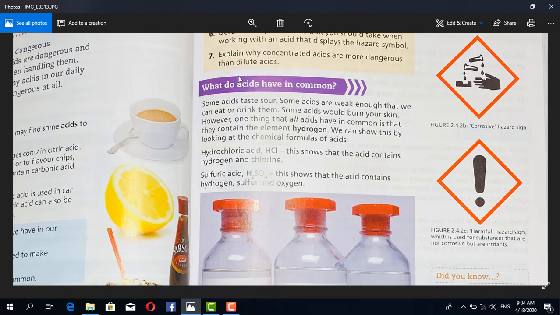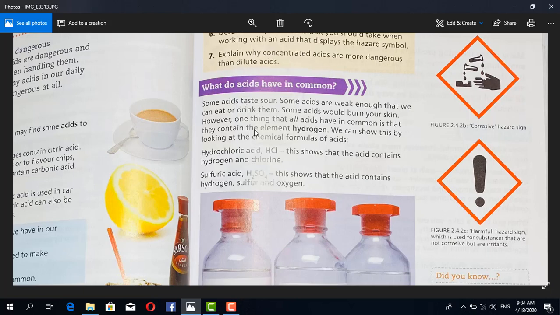So practically, acids have in common the sour taste. Some acids are weak enough that we can even eat or drink them, and some of them would actually burn your skin. But one thing that they have in common is that they contain the element hydrogen, but the taste is actually sour.